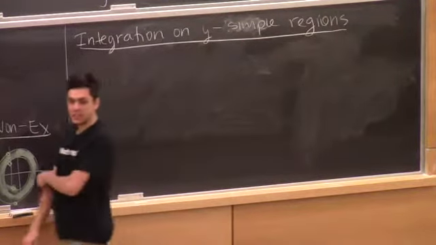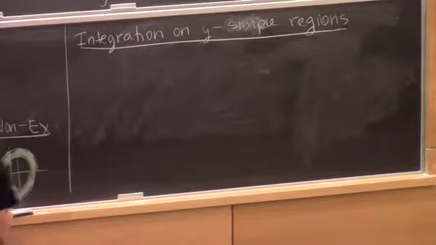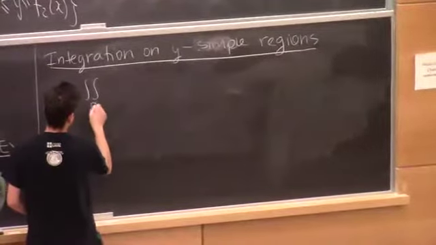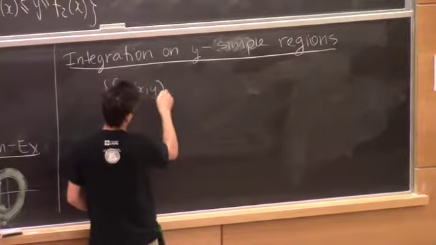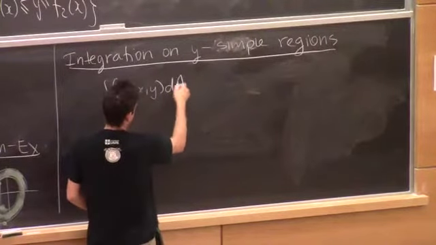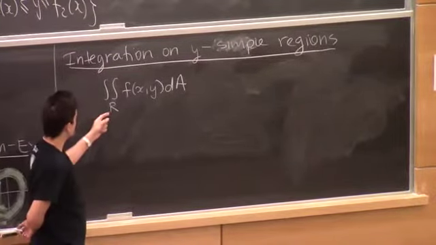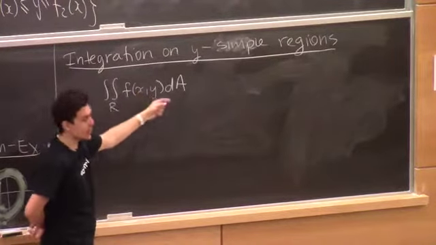Okay, so if we want to integrate over a y-simple region, okay, we'll often write that in the following way. Okay, so this is the integral over the region of this function with respect to area.